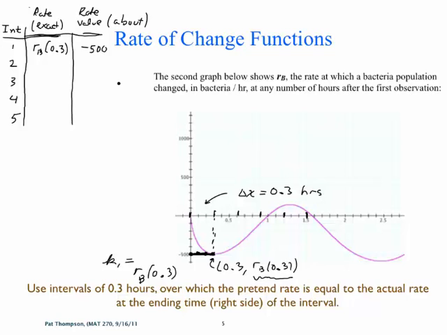So after you write down the exact rate for each interval, use the y scale to pick off a number that's close for that rate. Okay, let's see how we did.